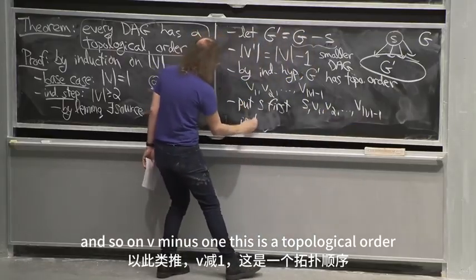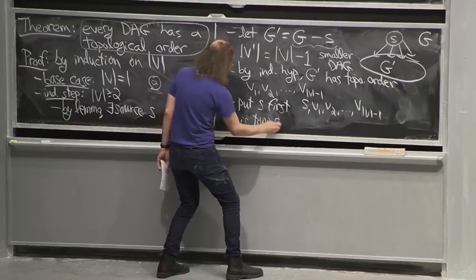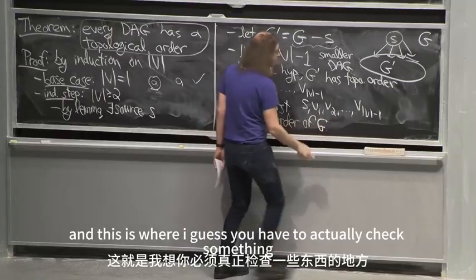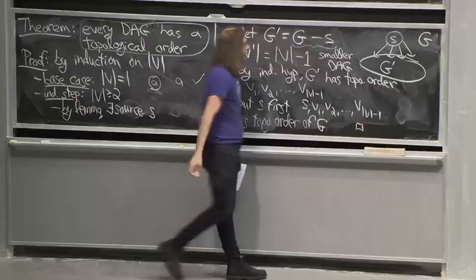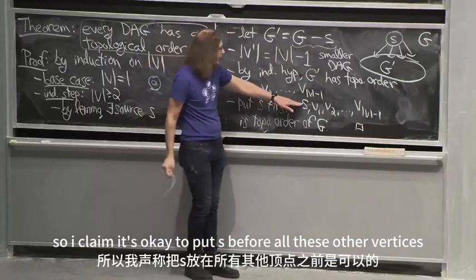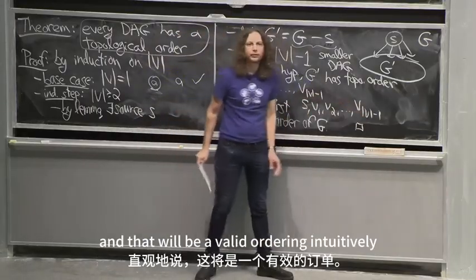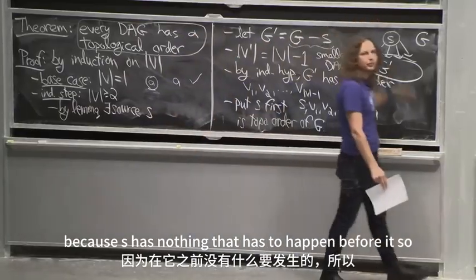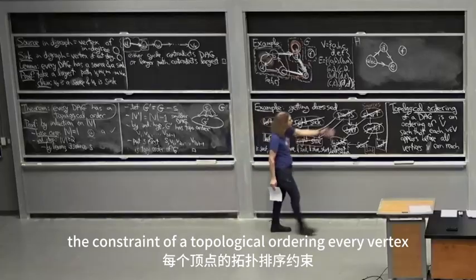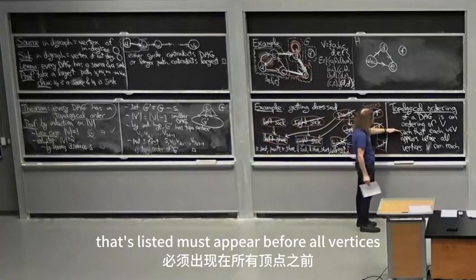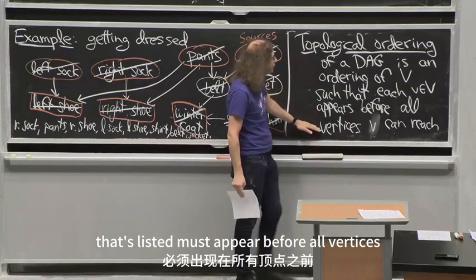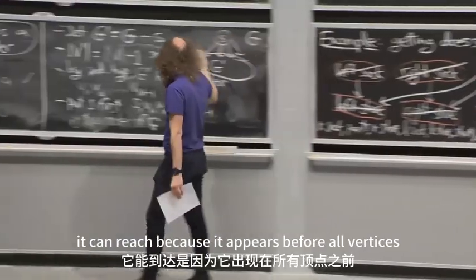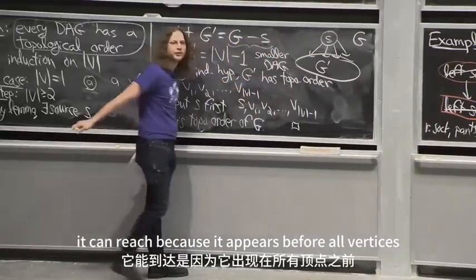This is a topological order of G. And this is where I guess you have to actually check something. So I claim it's OK to put S before all these other vertices, and that will be a valid ordering, intuitively because S has nothing that has to happen before it. So if you check the constraint of a topological ordering, every vertex that's listed must appear before all vertices that it can reach. Well, S definitely appears before all vertices it can reach because it appears before all vertices.